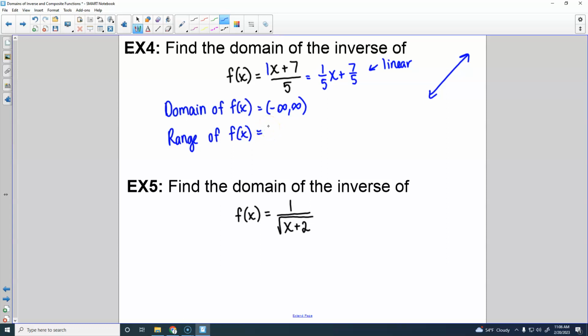If you have just a slanted line, it's also negative infinity to positive infinity. It doesn't have any holes, any asymptotes. It doesn't stop. It keeps going in both directions, both x and y direction. So both domain and range are negative infinity to positive infinity. So the domain of the inverse is also negative infinity.